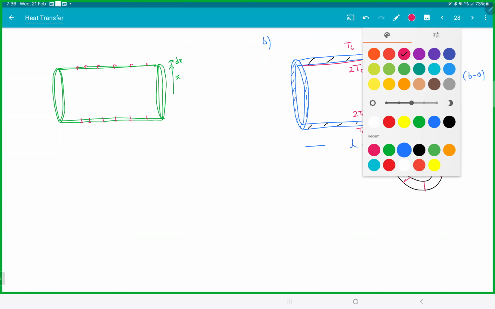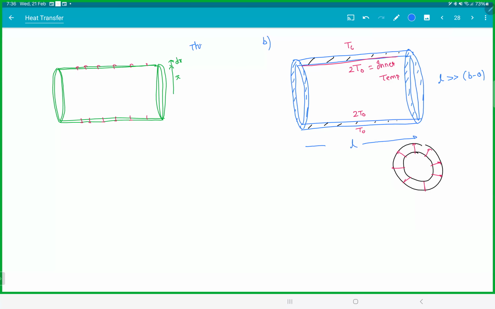So for this thin cylinder of thickness dx, the resistance will be length, which is dx, by k. Area is 2 pi x into L. That is the surface area of the cylinder, isn't it? Heat is flowing through the entire curved surface of the cylinder.